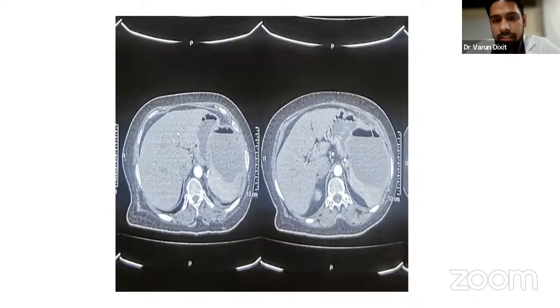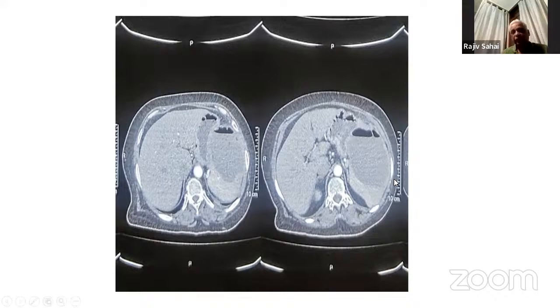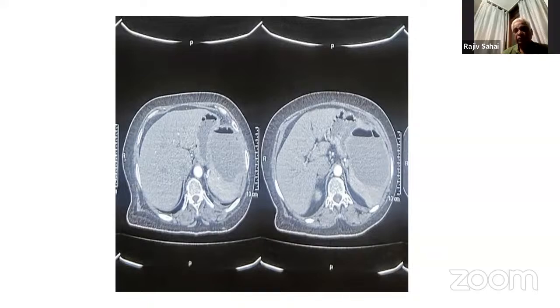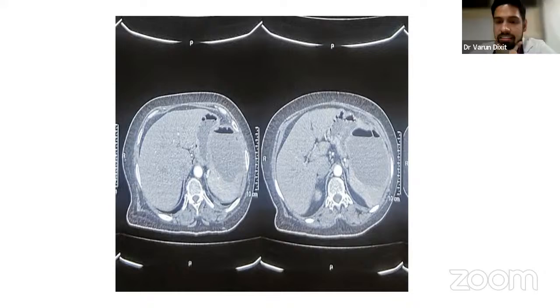These were the images of the CT, and we could see over here. Okay, hang on. What kind of contrast have you taken? IV contrast. Just IV, no oral? No oral, sir.